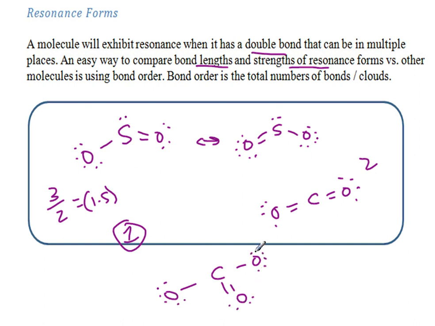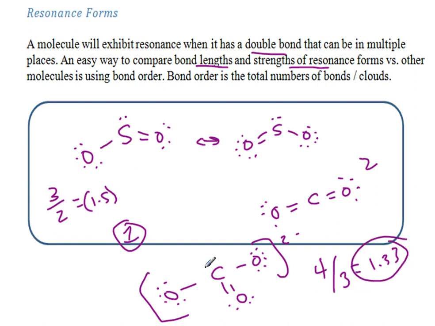So what you do with this one is take the total number of bonds, 4, divided by the number of clouds, 3, and you end up with a value of 1.33. Which means the bonds are shorter than a single bond but longer than a double bond. They contain less energy than a double bond.